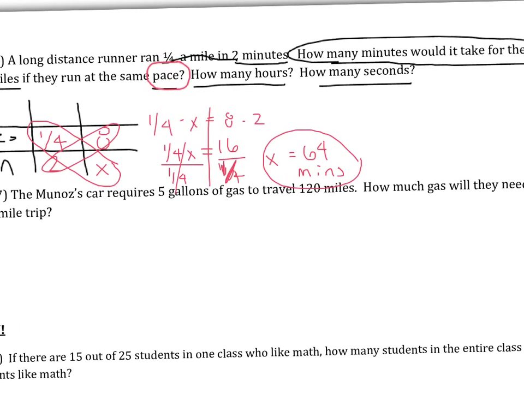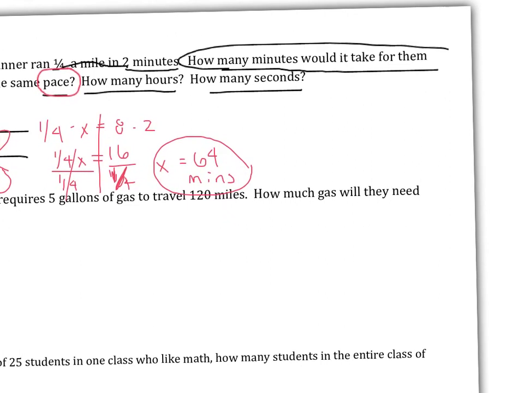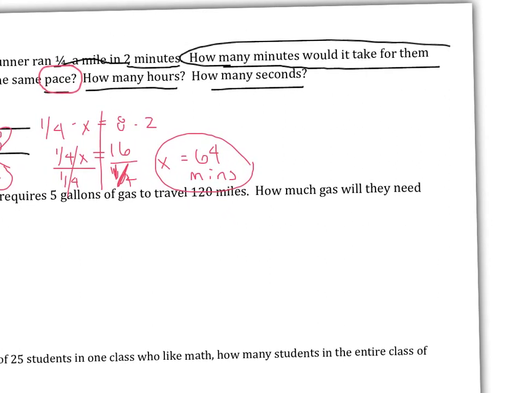Okay, let's talk about how we would change our answer into hours or seconds. We will talk about conversions in our next unit, Unit 4. For right now, just know that if you want to go from minutes to hours, the number is going to get smaller because 60 minutes is equivalent to 1 hour.